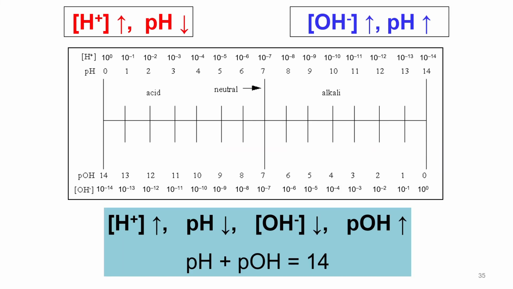So when the concentration of H plus is high, the value of pH will be low, and when the concentration of OH minus is high, the value of pH will be high. Kalau dia lebih daripada 7, dia adalah basic. Kalau less than 7, it is acidic. So the concentration of H plus is high, so the value of pH is low. The concentration of OH minus is low, so pOH is high. So pH plus pOH is equal to 14.